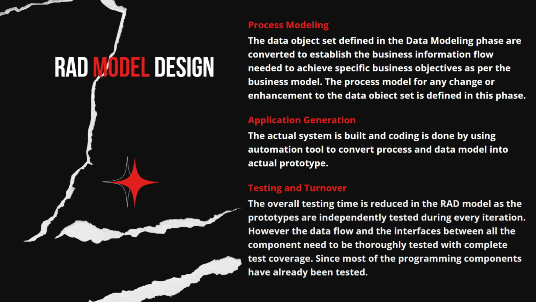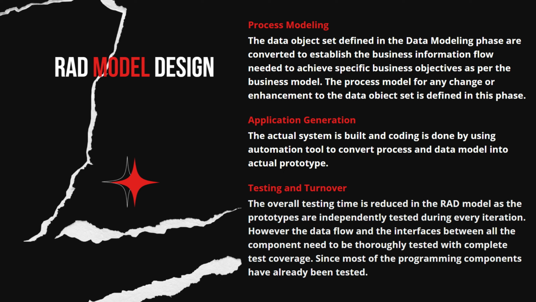Next is process modeling. The data object sets defined in the data modeling phase are converted to establish the business information flow needed to achieve specific business objectives as per the business model. The description for any change or enhancement to the data object sets is defined in this phase.